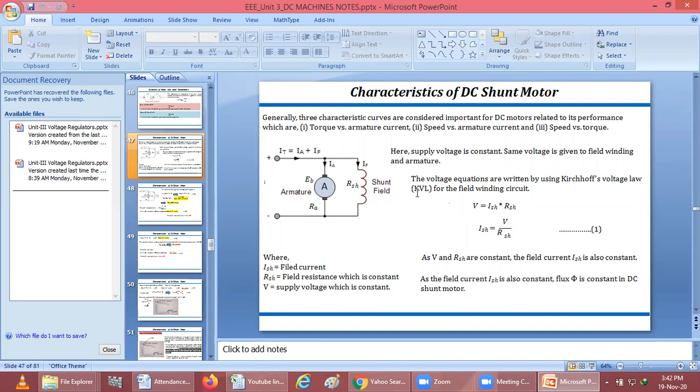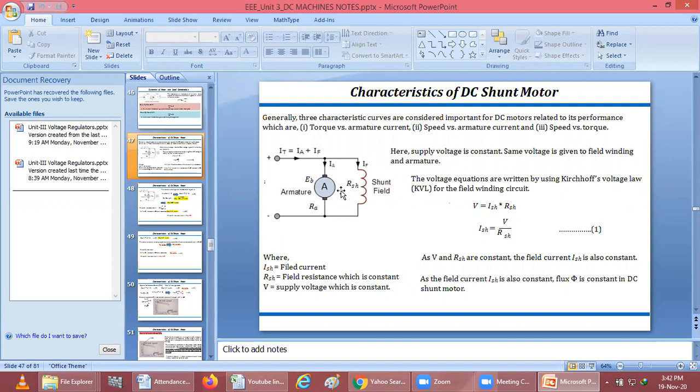KVL states that the algebraic summation of potential drops across each element in a closed loop is zero. You can see this is an open loop, so we cannot apply KVL here. But the armature and shunt field winding are connected in parallel with each other, so we can apply KVL here.